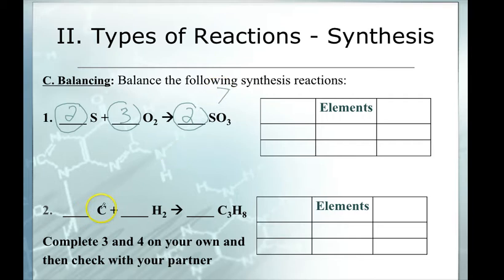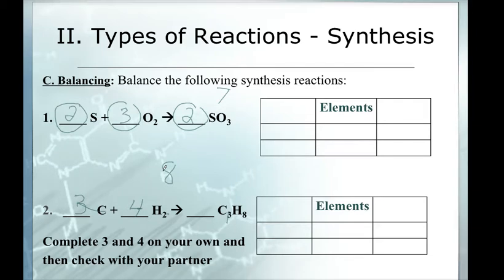Okay. Next one, this is an easy one. I got to put a 3 here and a 4 here. That would give me 3 carbons, 3 carbons. 4 times 2 is 8 hydrogens, 8 hydrogens. The sum of the coefficients would be 8. Those are all synthesis reactions, and there's a couple more in your notes which you can finish up, and if you have trouble, you can ask me about them.